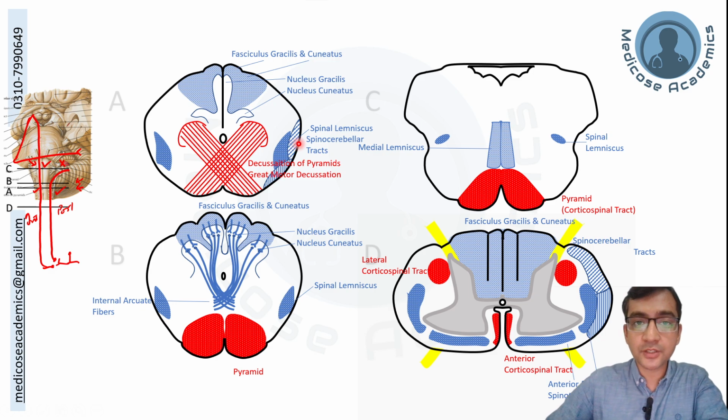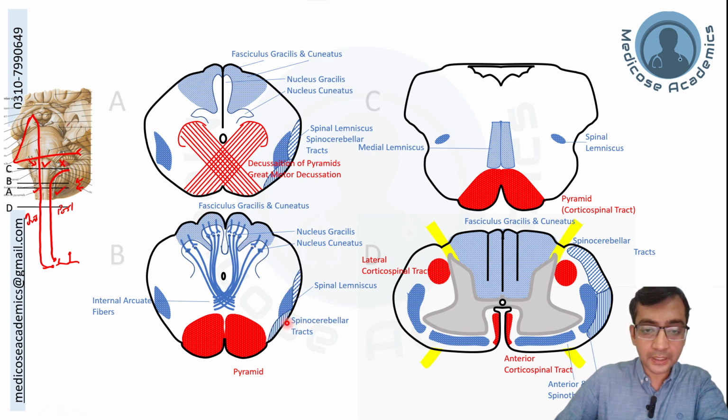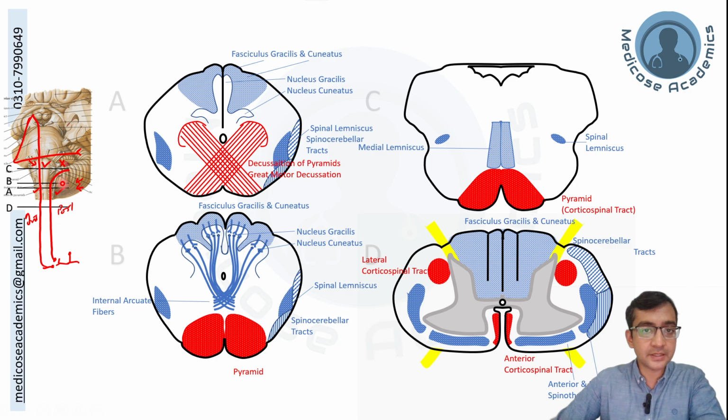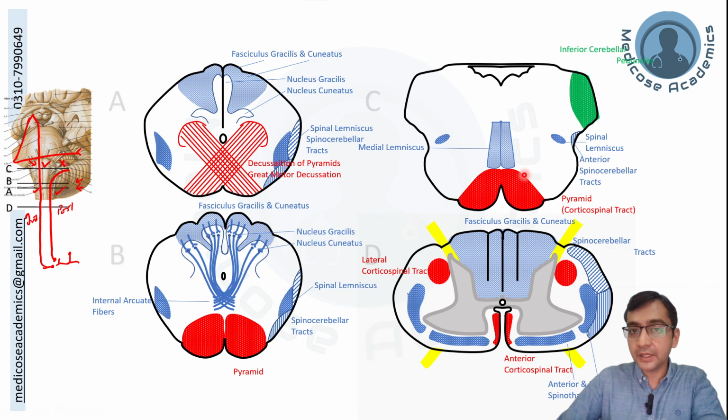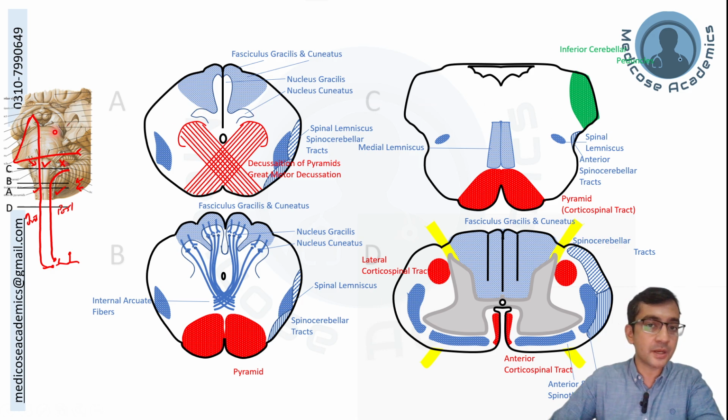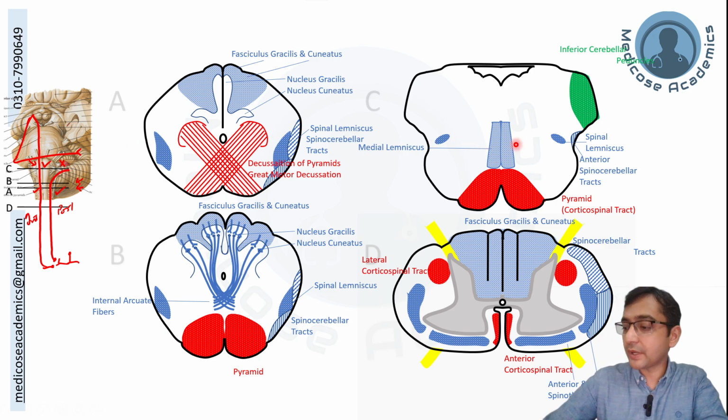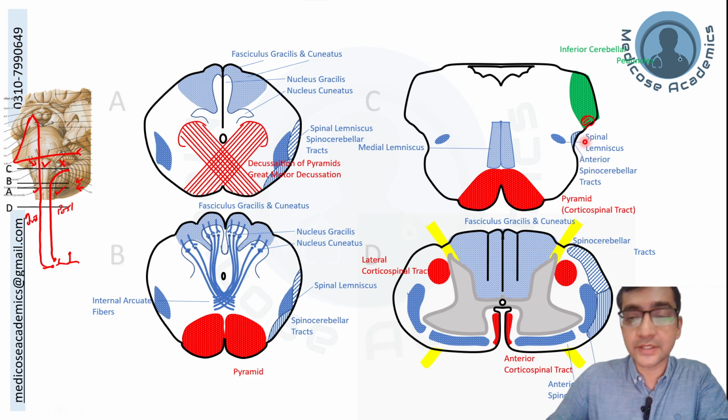Here anterior and posterior spinocerebellar tracts are seen again at level A. Here anterior and posterior spinocerebellar tracts are seen at this point, but here you can only see the anterior spinocerebellar tract because the posterior spinocerebellar tract had exited the medulla by going into the inferior cerebellar peduncle.